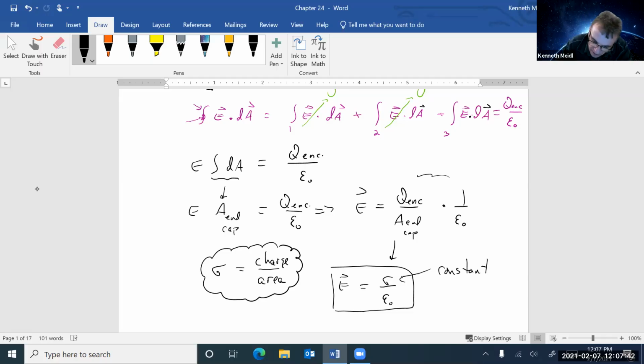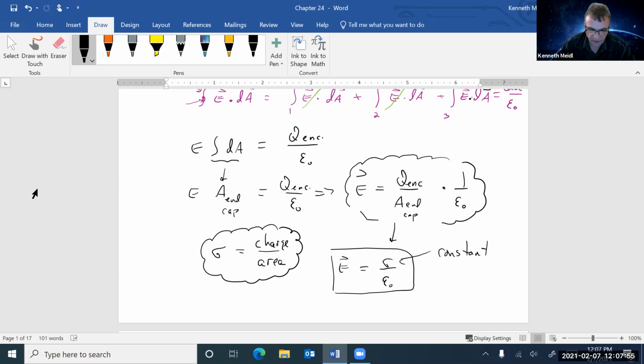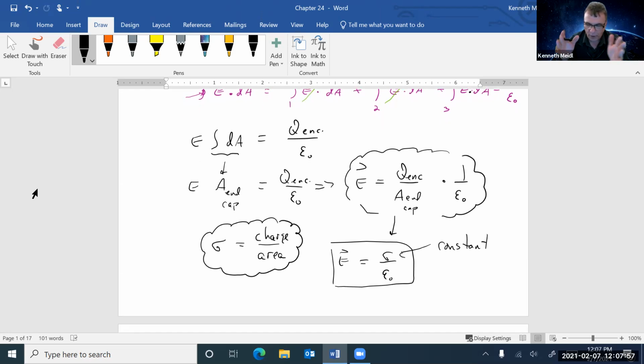Now this right here might turn out to be handy in a little bit, so I'm not going to forget that either. But here's really the electric field. What I'm going to try to do here is figure out what the capacitance of two parallel plates happens to be.